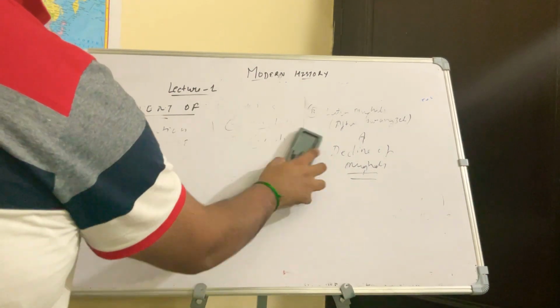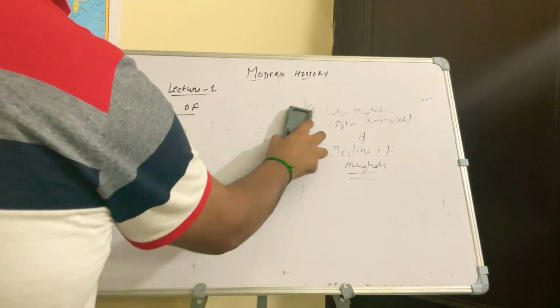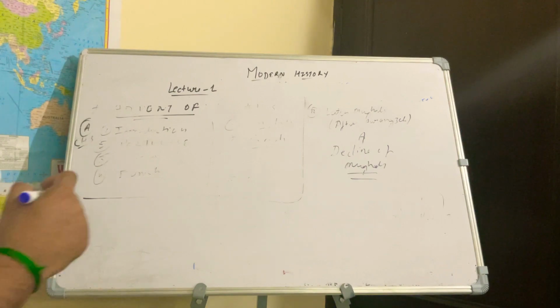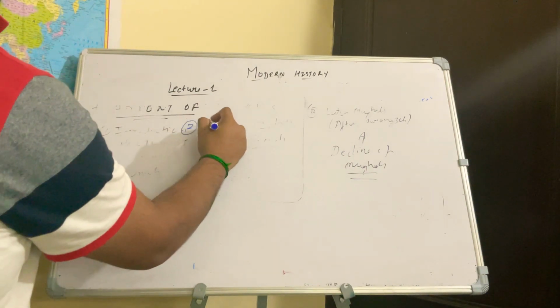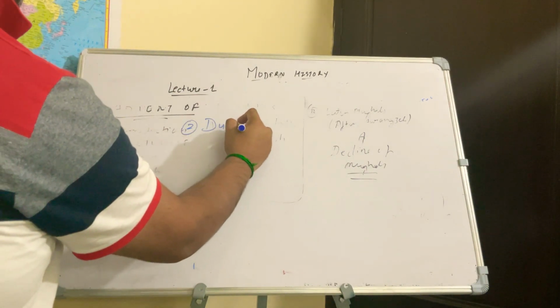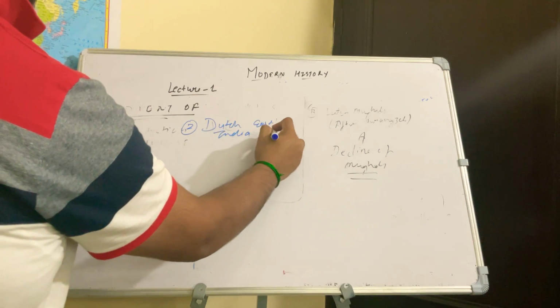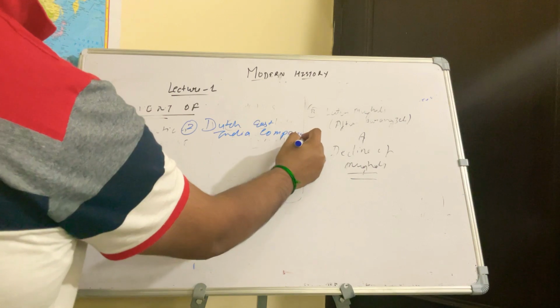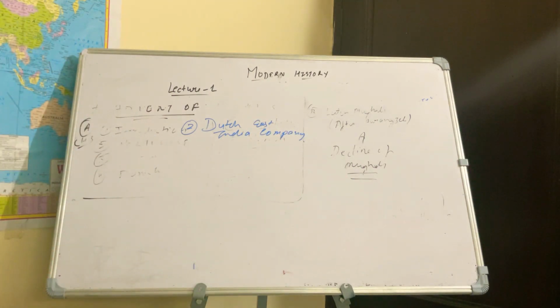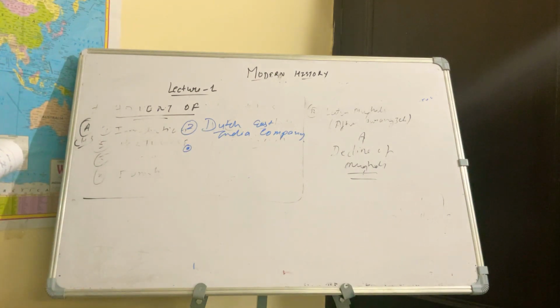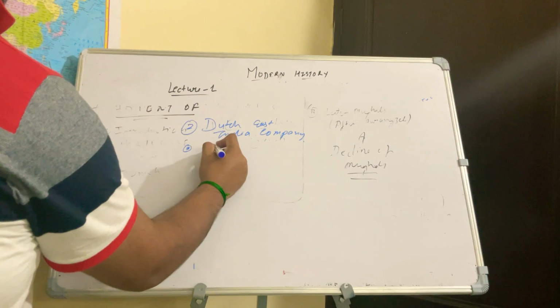So you will just write second European advent. They were the Dutch East India Company. In this, write the very first point: the Dutch East India Company was established on 20th March 1602.